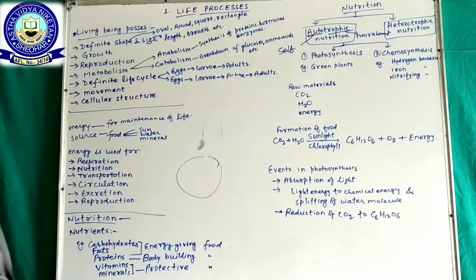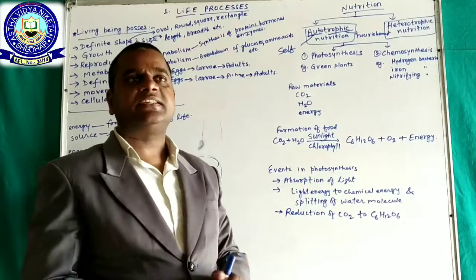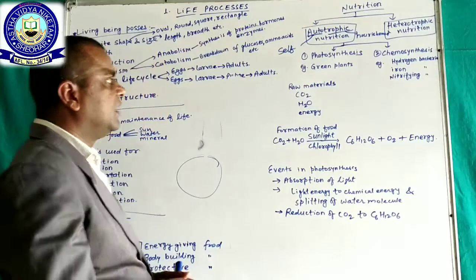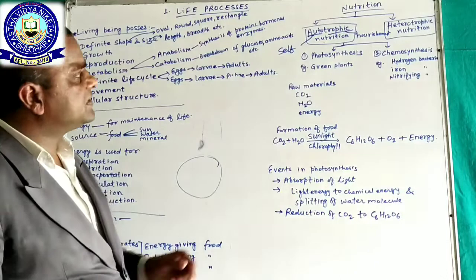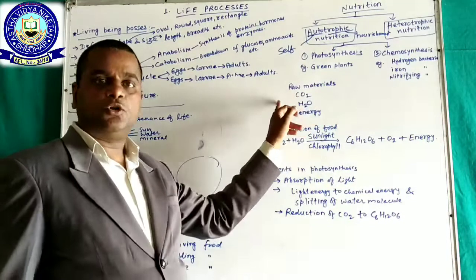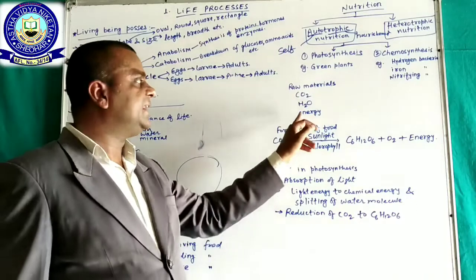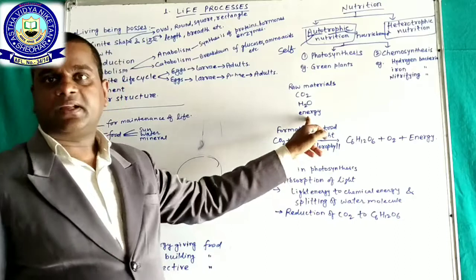Okay, in this way we learn photosynthesis. Its example is green plants, and in photosynthesis the raw materials are CO2, carbon dioxide, H2O, water, and energy that will come from light.